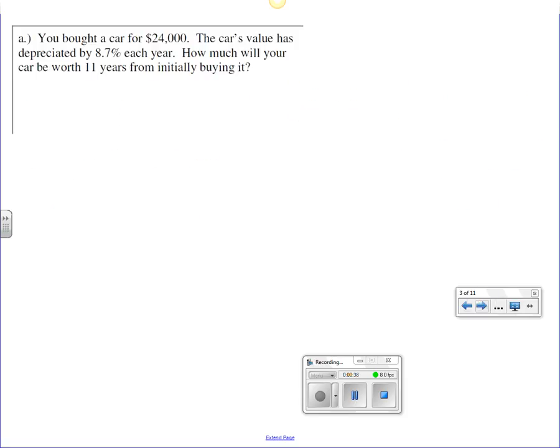Number 1A, you bought a car for $24,000. The car's value has depreciated by 8.7% each year. How much will your car be worth 11 years from initially buying it? So that makes it exponential decay, and that formula is y equals a(1 minus r) to the t.